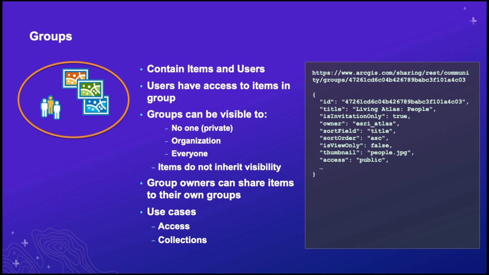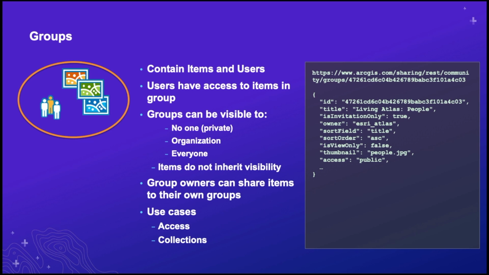Groups themselves have visibility, so they can be shared to no one, or shared to the organization, or shared to everyone. But that's really about the group itself. The items within the group don't inherit that visibility or that sharing. The control of who sees the item is still with the owner.